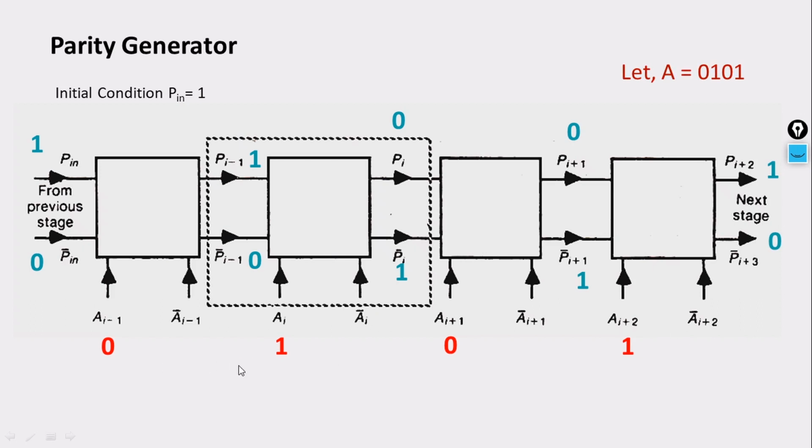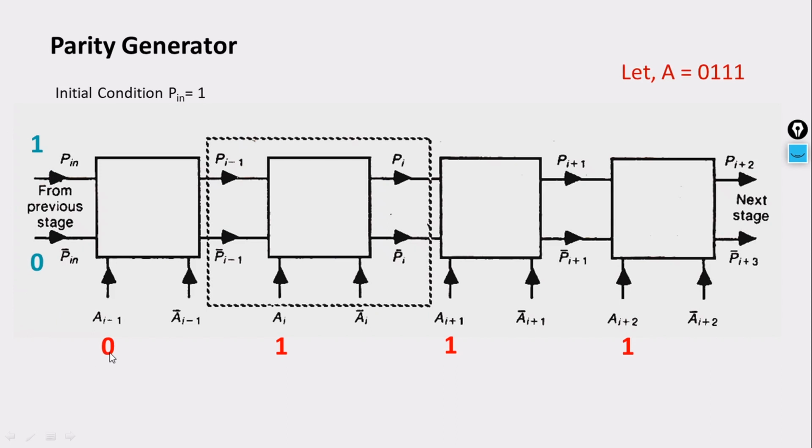So now if we look at this particular input, we are having an even number of ones, that's why my p is 1 over here, and then my p bar is 0. Now let us look at one more scenario, with an odd number of ones. We are giving 0 1 1 and then 1 as the input, my initial condition is going to be 1 and then 0.